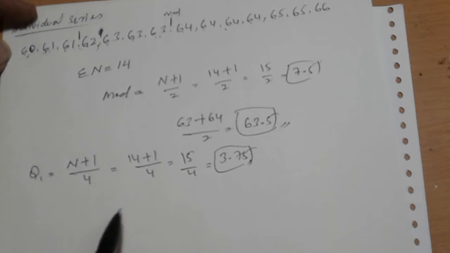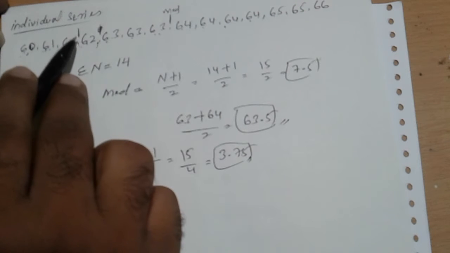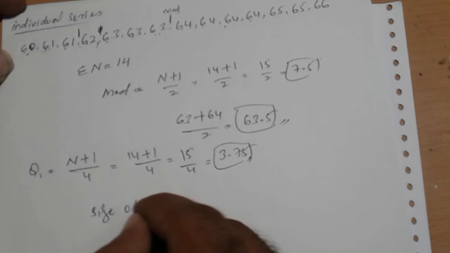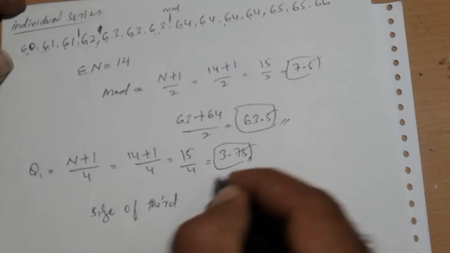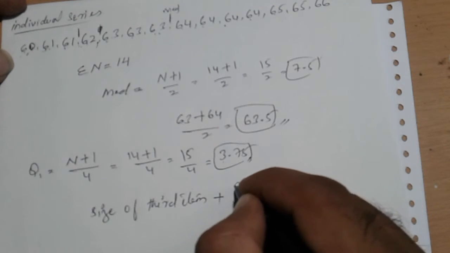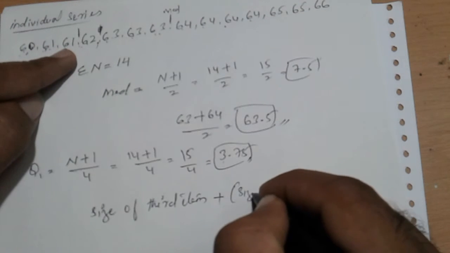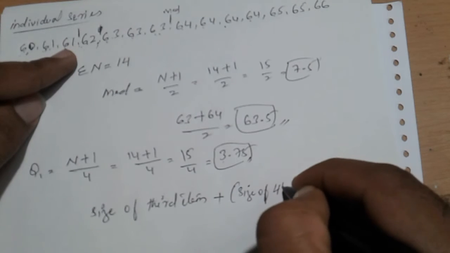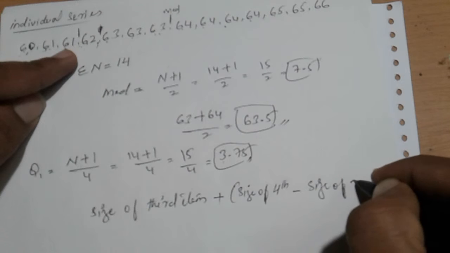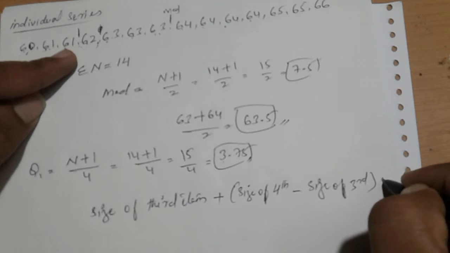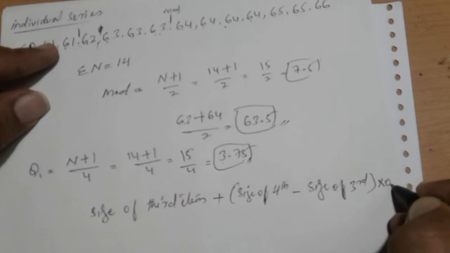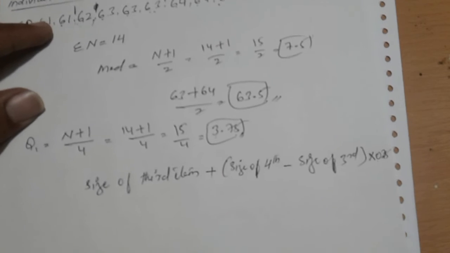For quartiles you have to write it like this, between 3 and 4: size of the third item plus, bracket, size of the fourth item minus size of the third item, bracket close, multiplied by the remaining 0.75.